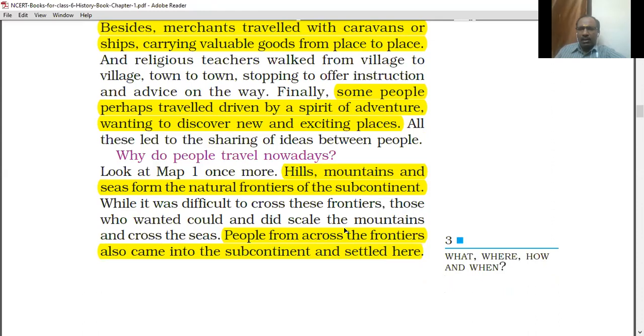People from across the frontier came to the subcontinent and settled through the Bolan and Khyber Pass. There were two passes in the interior of the mountains through which they came to India and settled.